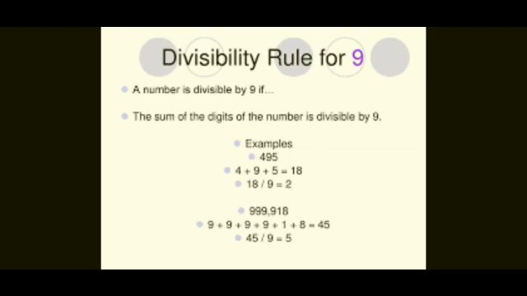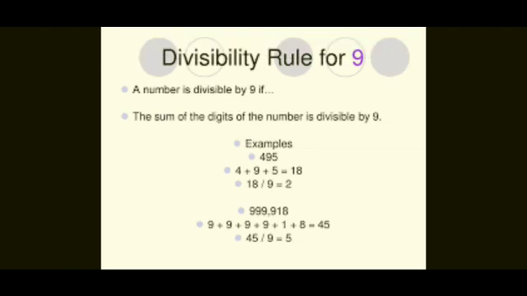For example, 495. If 495, what are the digits? 4, 9, 5. You add the digits. 4 plus 9 plus 5, that is 18. You all know that 18 is divisible by 9. Isn't it?